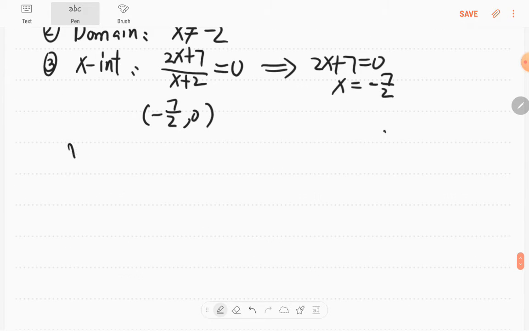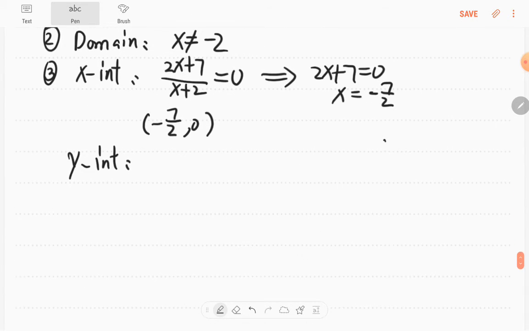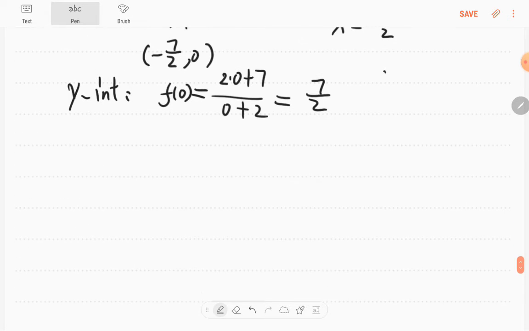The y-intercept: set x equal to 0, so f of 0 is 2 times 0 plus 7 over 0 plus 2, right? This is equal to 7 over 2. So (0, 7/2) would be the y-intercept.